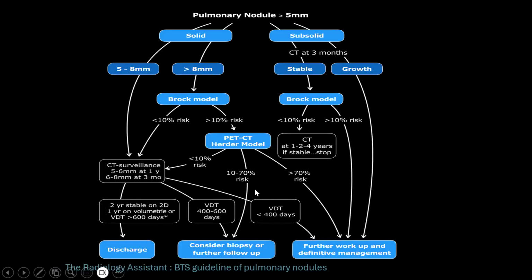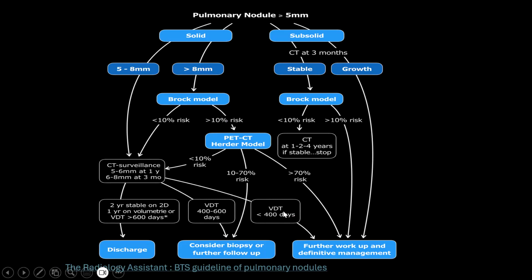So if it is less than 10, we go back to surveillance. If it's more than 10, as our patient here, between 10 and 70, we consider biopsy for this lesion. If it is more than that, we continue the management also. We go for treatment, surgery, biopsy, and also, of course, this is at more risk. If we have the lesion here for surveillance, we see if it grows or not.